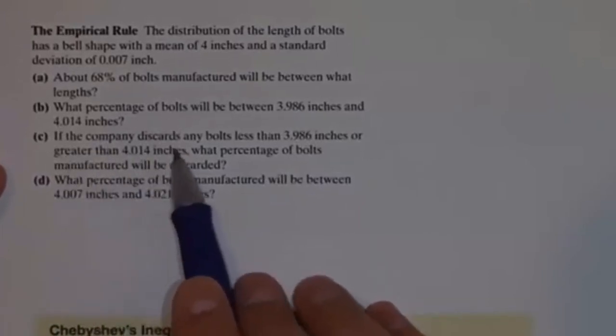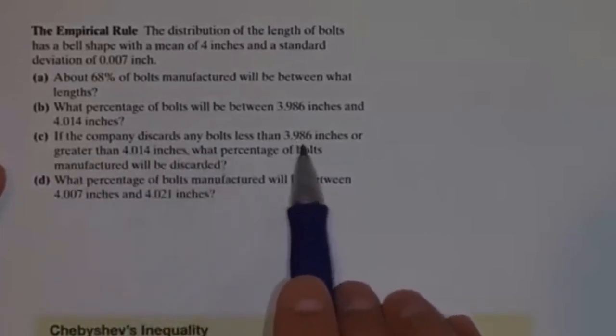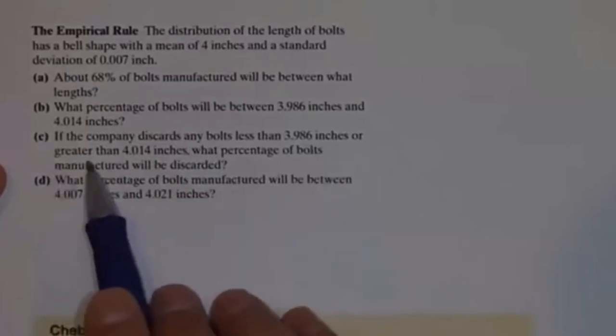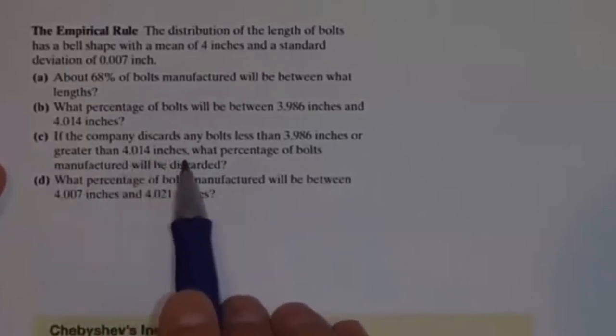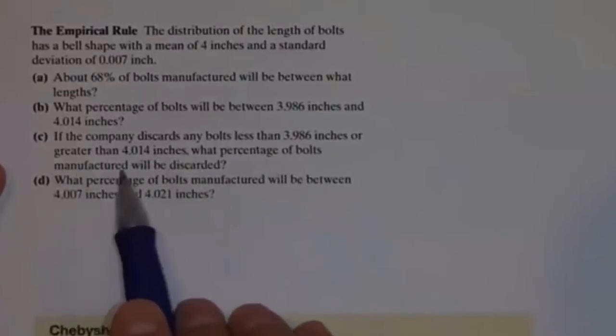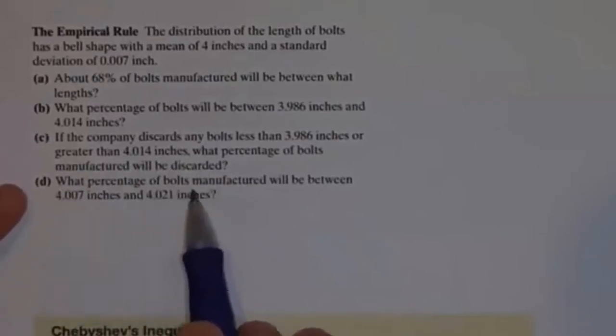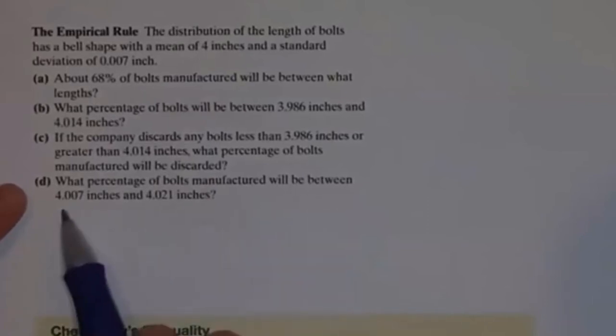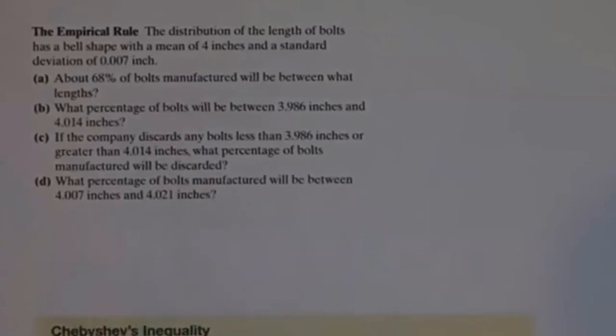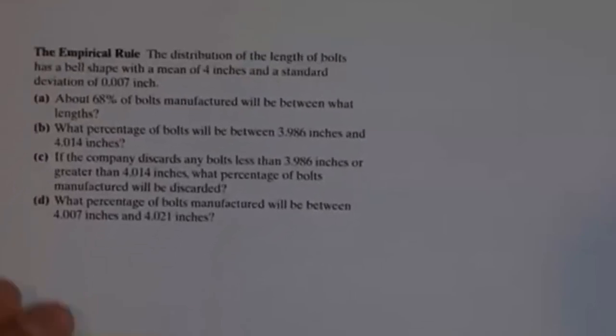C: If the company discards any bolts less than 3.986 inches or greater than 4.014 inches, what percentage of bolts manufactured will be discarded? And D: what percentage of bolts manufactured will be between 4.007 inches and 4.021 inches? So there's a lot of information that's told here.